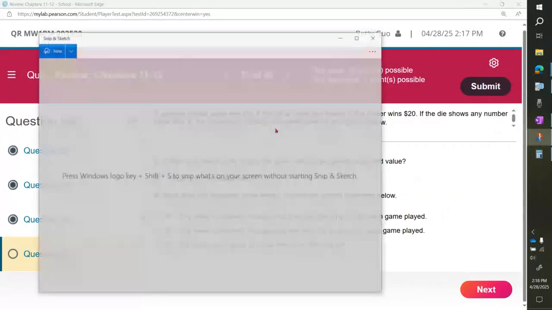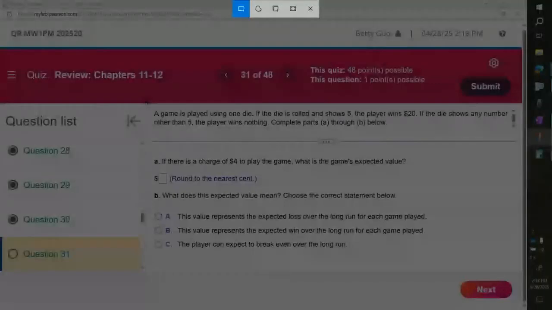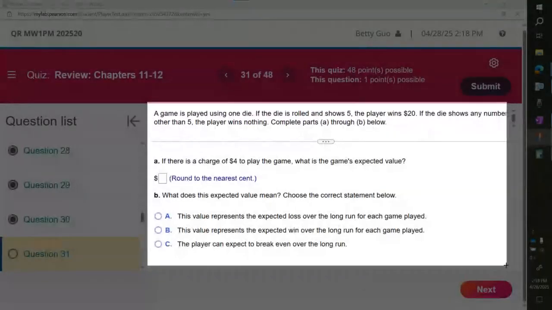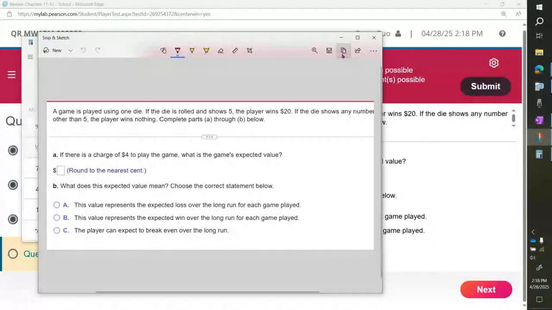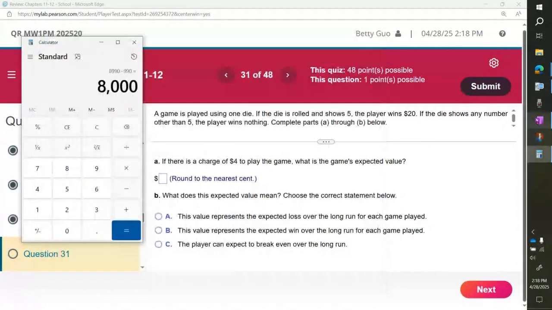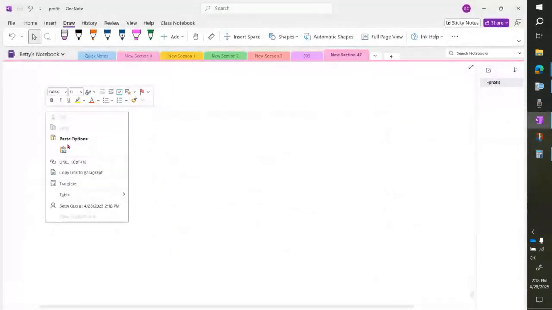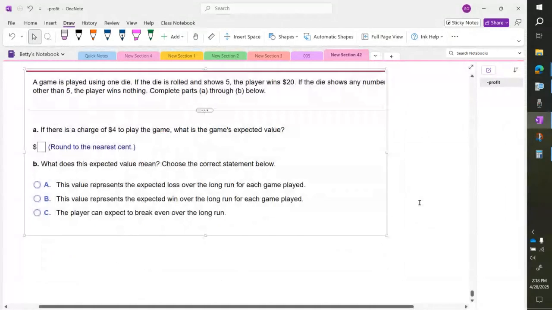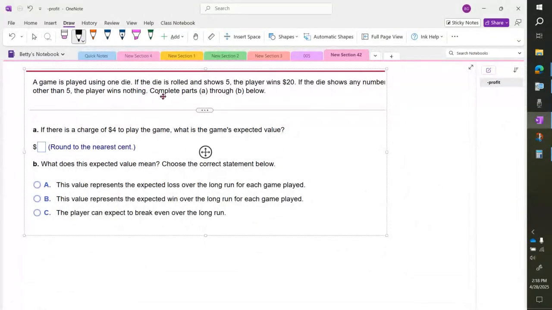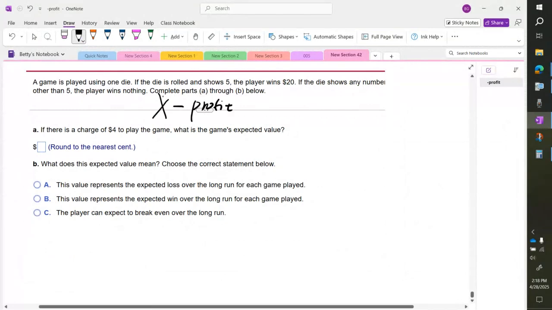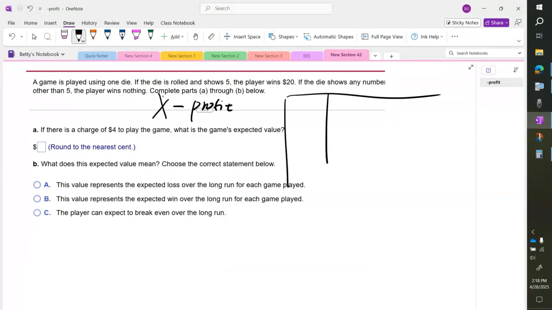Okay, it's also about expected value. We are the player. X is our profit. It is a random variable, because it depends on whether we win or lose, so it's random.